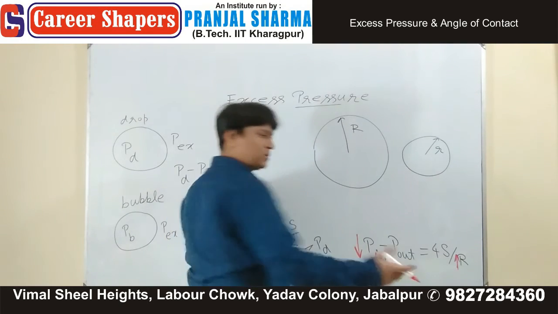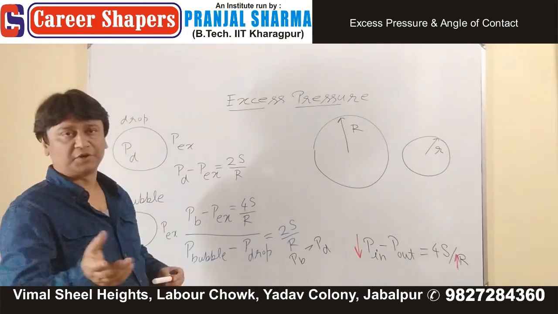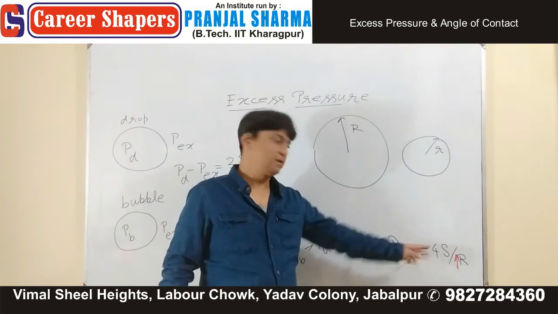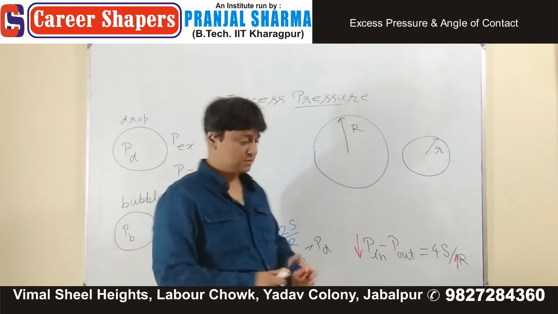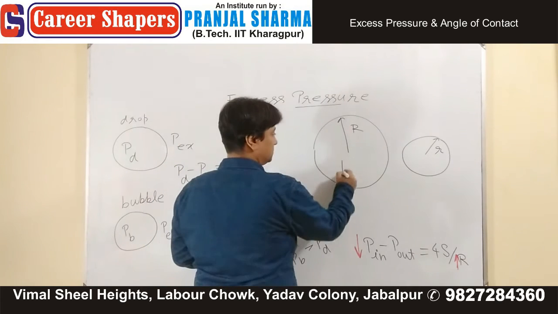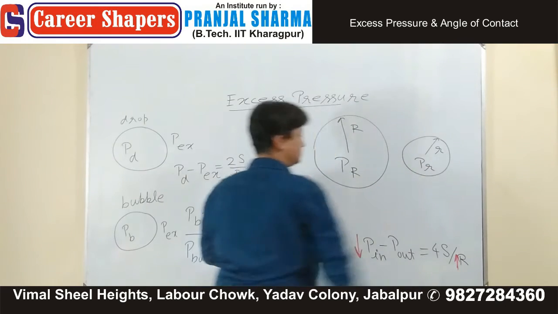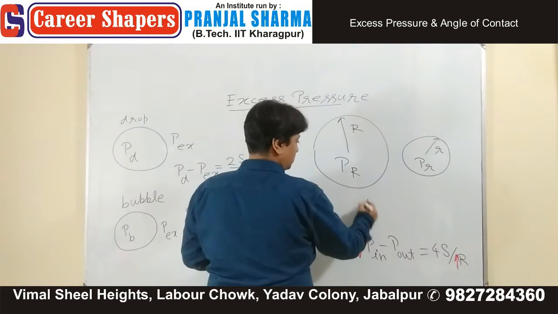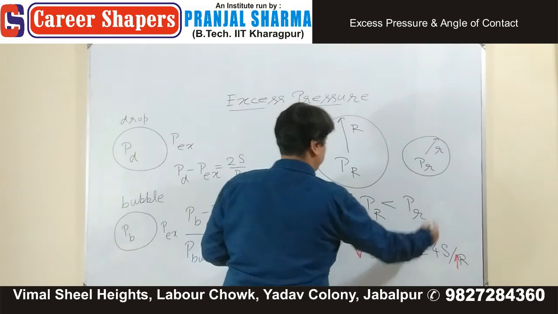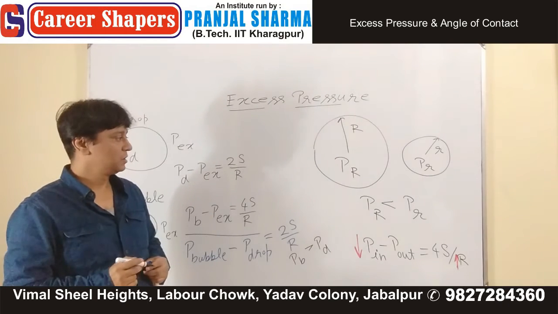A straightforward thing, nothing special. You're using a simple formula. We are increasing R, and therefore P in will be less. So let's say pressure inside the large bubble is PR, and pressure inside the small bubble is Pr. The answer is that PR is less than Pr. Smaller bubble will have more pressure inside.